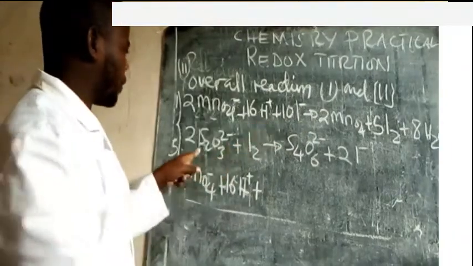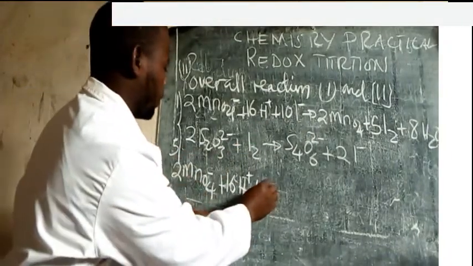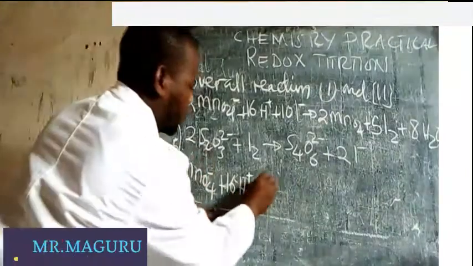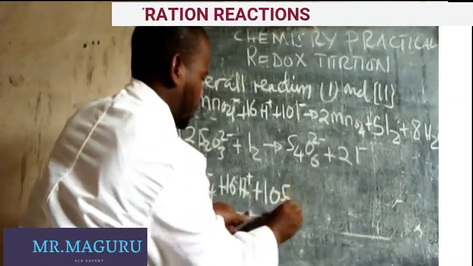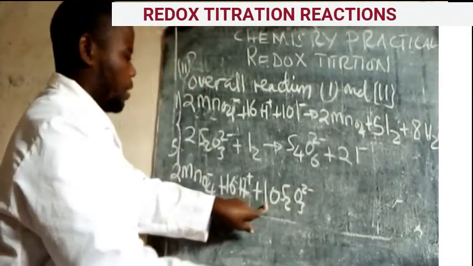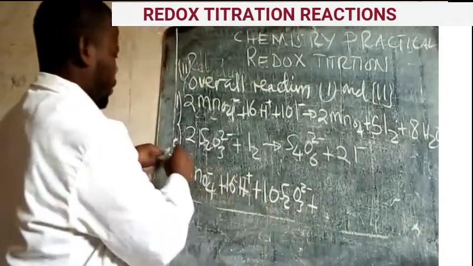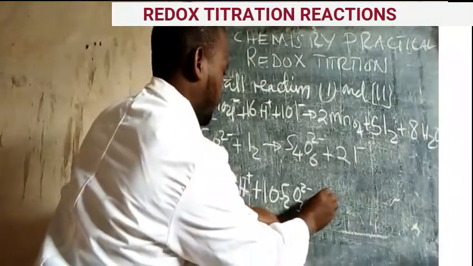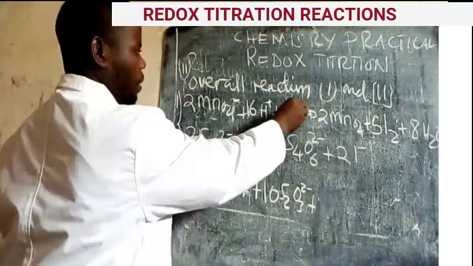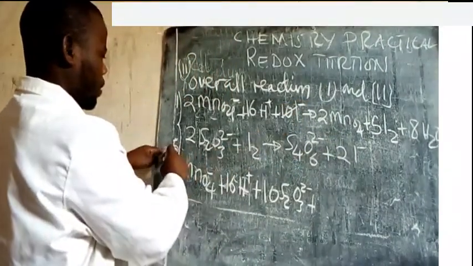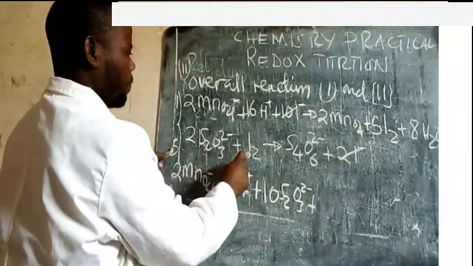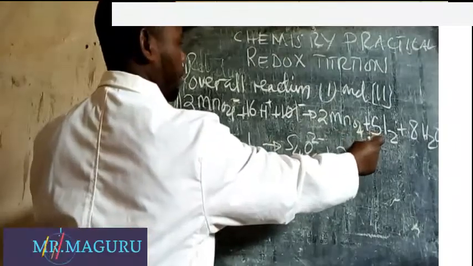So here we plus this one, we go to the other side, will be this one, will be 10. Plus this and this one will be 5. Do you look? This we cancel with this one. And this one will be 5, and this one will be 5.